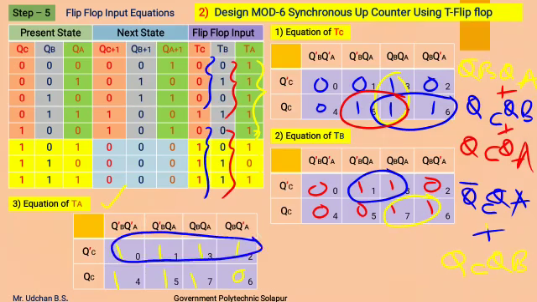This is our first quad, which will give the equation as QC bar, plus we can have the second quad, which is over here, which will give the equation as QB bar, and the next quad is this one, which will give the equation as QA.